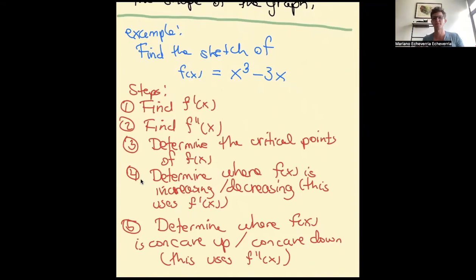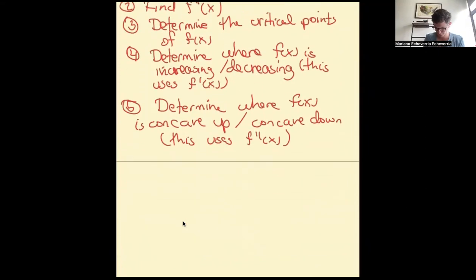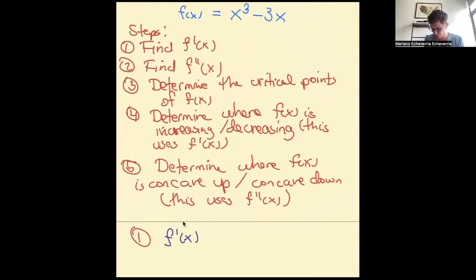Okay, did everyone have a chance to copy it? So let's try to apply these steps to this problem. Step 1 is to find the first derivative. The first derivative is just going to be 3x squared minus 3.